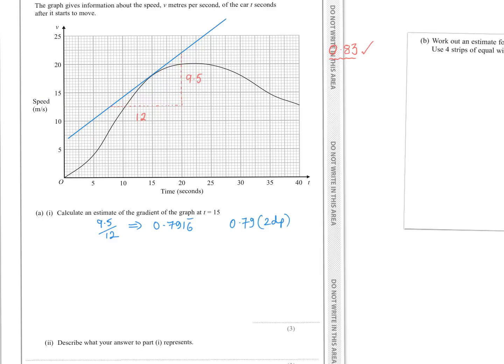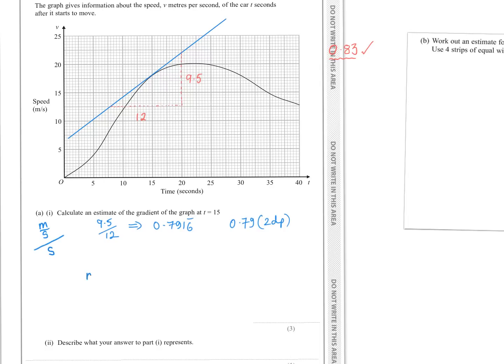And speed is meters per second. And we were dividing that by a change in time, which was in seconds. So the units that we used in that case were seconds.